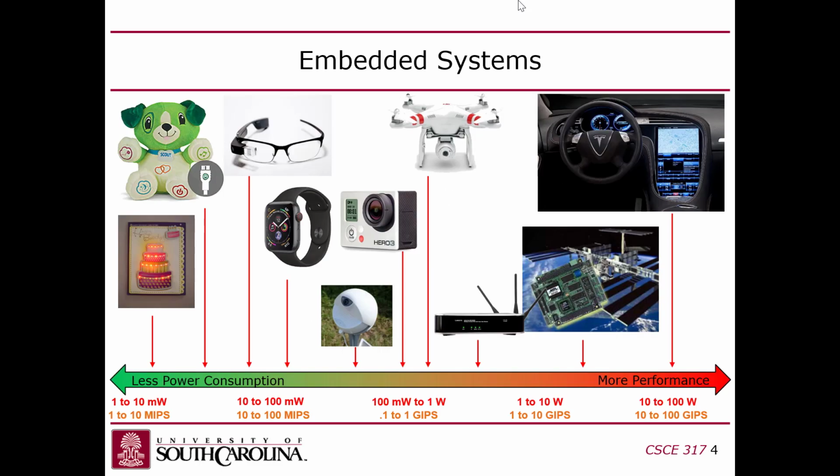Okay, so what is this class all about? Well, like my other two classes, 611 and 313, this course is fundamentally about embedded systems. Have any of you heard of that term before, embedded systems? A few of you have taken 313, I guess.